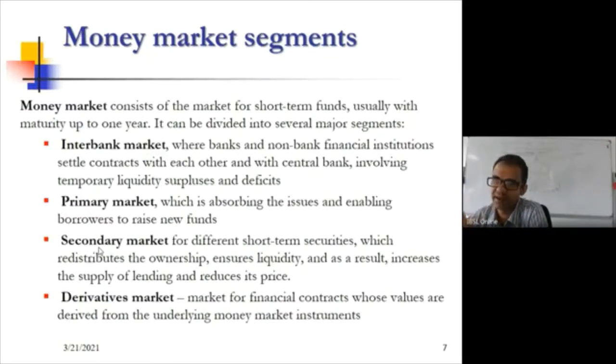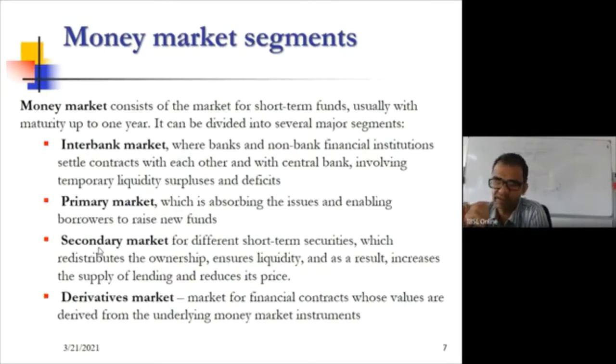First thing is the interbank market. As I mentioned, this depends on who the participants are. In the interbank market, basically in Sri Lanka, only the banks participate to provide liquidity or find liquidity.